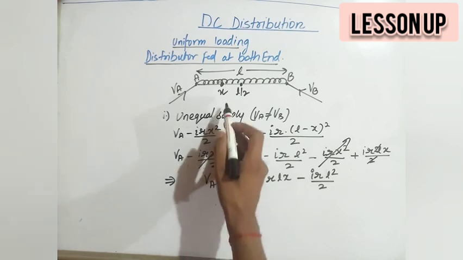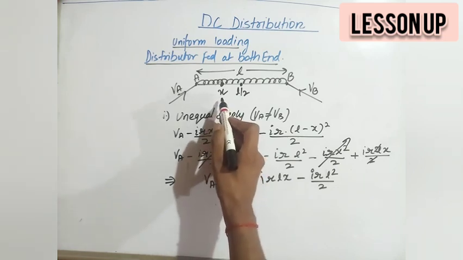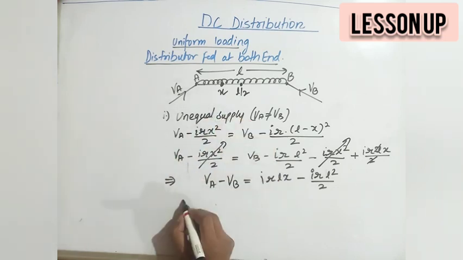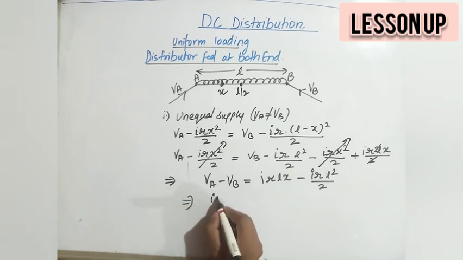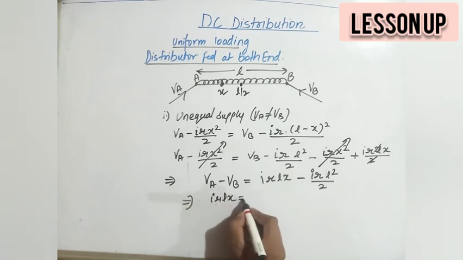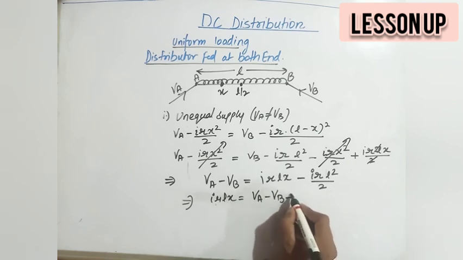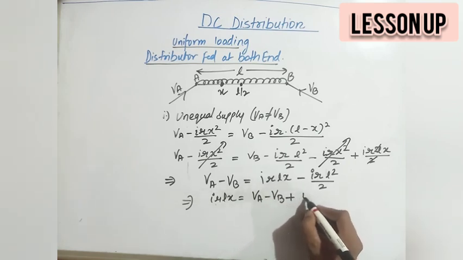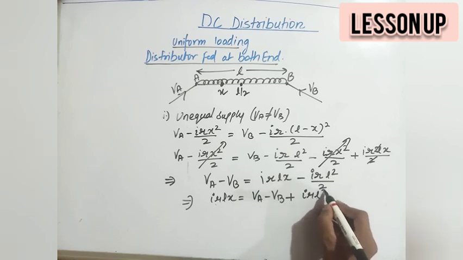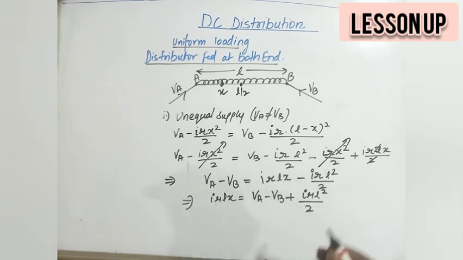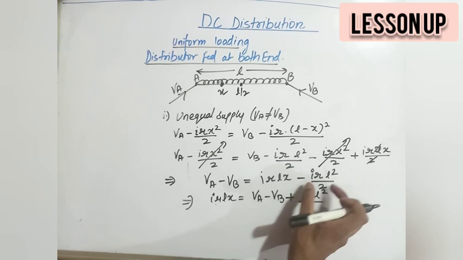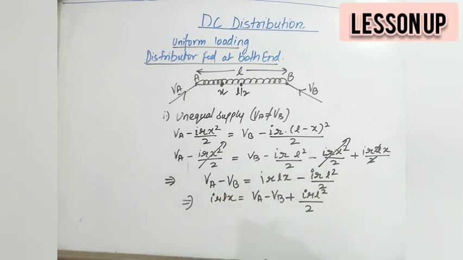So to calculate the point at which we are getting minimum potential x, we can write it as IR Lx is equal to VA minus VB plus IR L square divided by 2. We will put this equation to the left hand side.